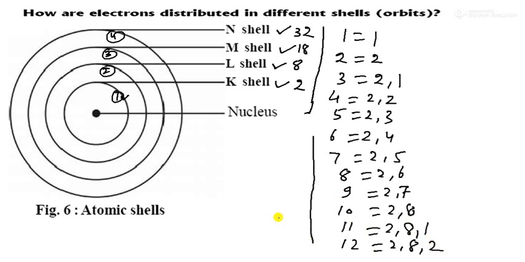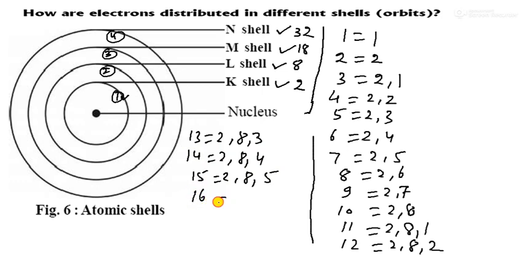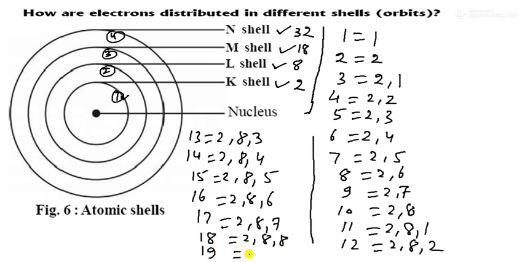Now come to the next one. Suppose it is 13, so you can say 2, 8, 3, and 14 is 2, 8, 4, and 15 is 2, 8, 5. If it is 16, you can say 2, 8, 6. If it is 17, you can say 2, 8, 7, and 18 is 2, 8, 8, and 19 is 2, 8, 8, 1.